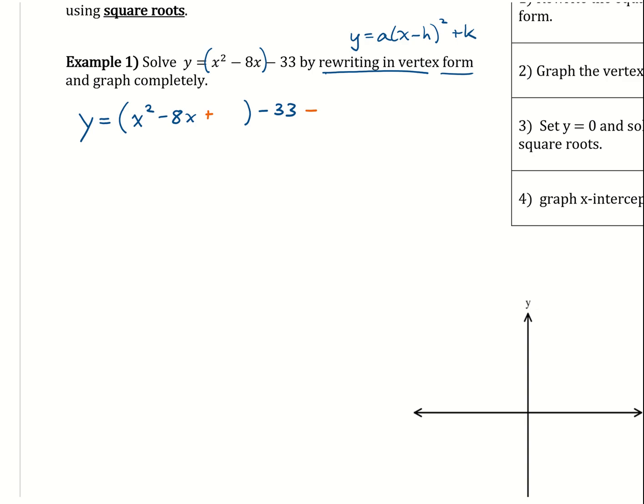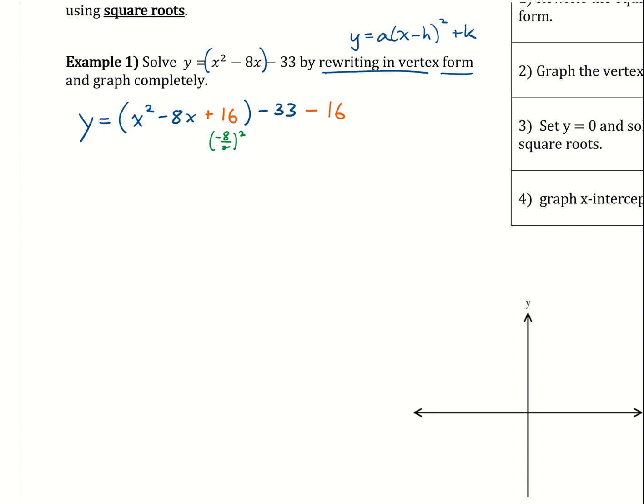The value that we add on the inside, you take the middle number, in this case -8, you divide it by 2, and you square it. Well, -8 divided by 2 is -4. -4 squared is positive 16. So we're going to add 16 here. We're going to subtract 16 here.